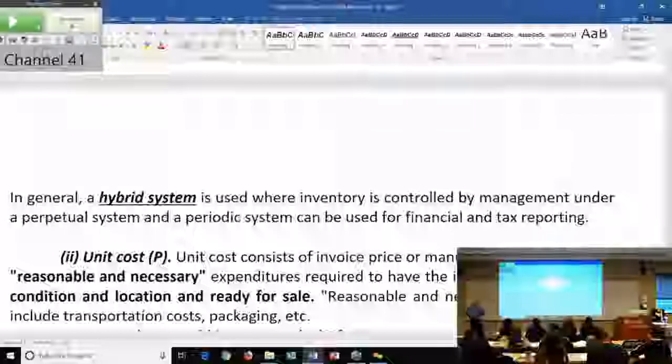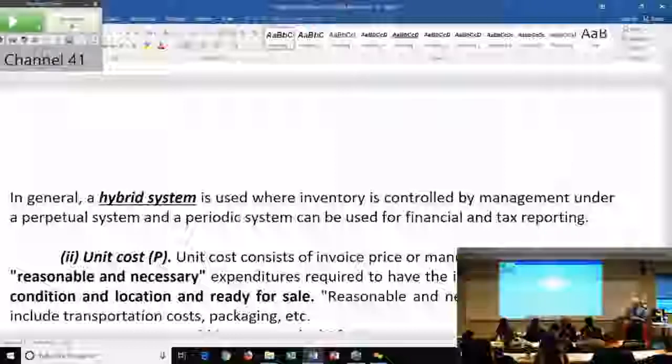Now, when you have a perpetual system, the good thing is that you know where the inventory should be every day. You know how much should be there, and you should know the location. So even back in my day, there were computers, and our clients were using perpetual systems, we would count the inventory not on one day, but in cycles.